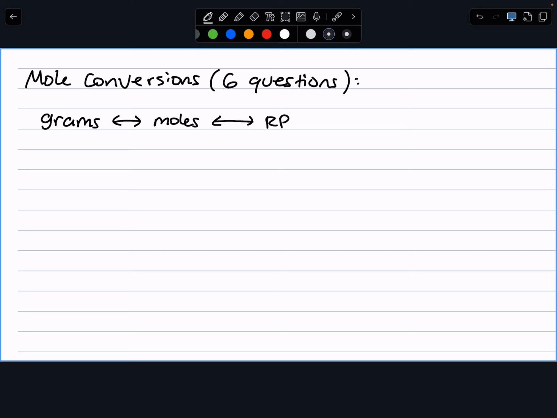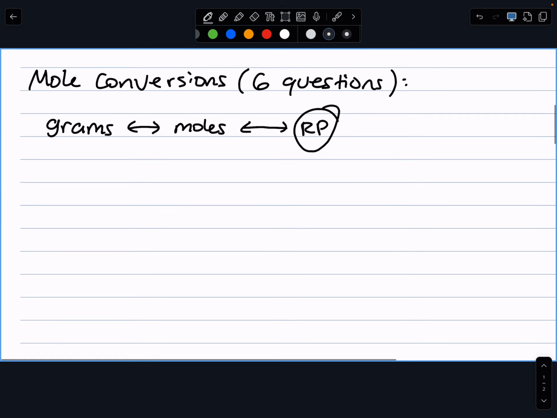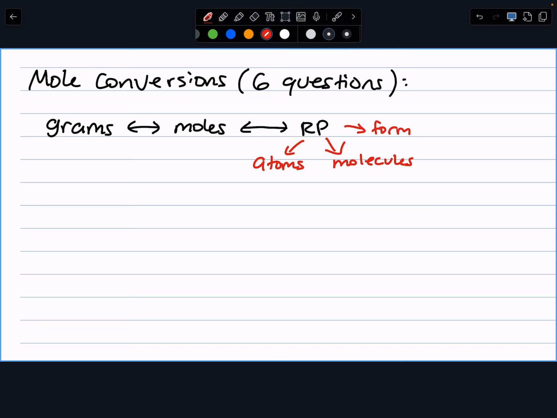Before I even discuss how to use this map, can you remind me what RP means? Representative. Beautiful. Can you tell me the 3 types? Atoms, molecules, and formula units. Beautiful. How do I know which one to use in the problem? The single element is an atom. Right, so it depends on the substance.